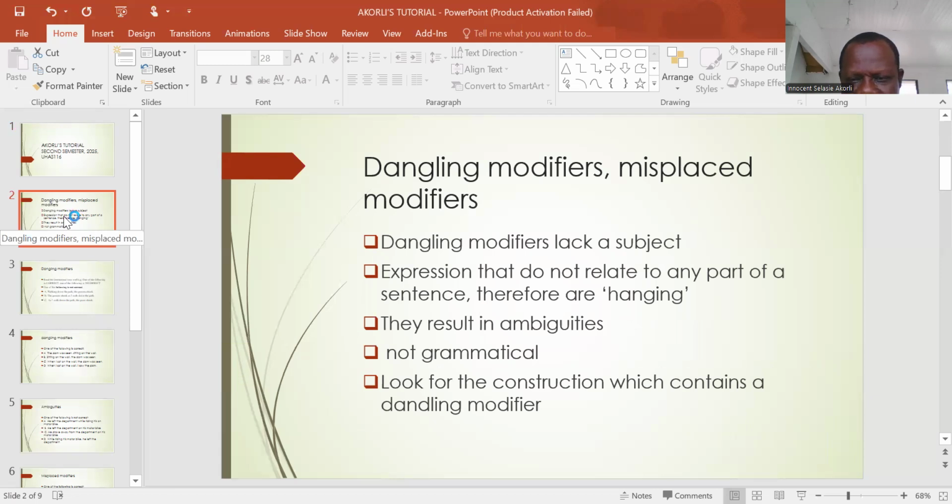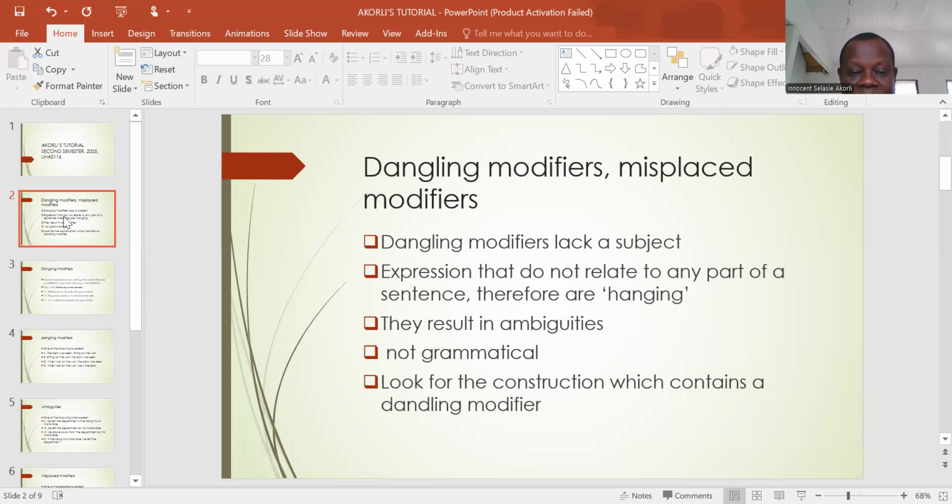So dangling modifiers, misplaced modifiers. Dangling modifiers, we said, they are misrelated constructions. In other words, they are in a sentence, all right, but then they do not relate to the items they are supposed to relate to. In other words, they fail to relate to a particular item in a sentence that they are expected to relate to or to modify.